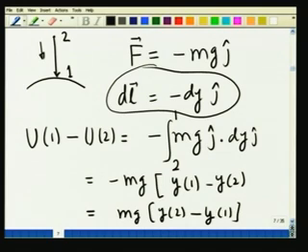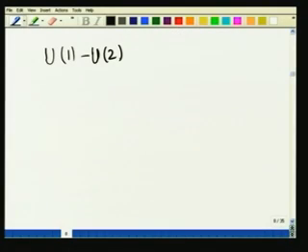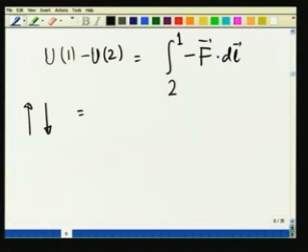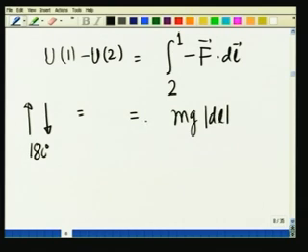The proper way to do it would be to write again u1 minus u2 is equal to integral going from 2 to 1 of minus F dot dl, and this is going to be equal to, now you see dl is this way, I am moving down, minus F is this way, and therefore, minus F dot dl, the angle between them is 180 degrees, the magnitude of minus F is mg, magnitude of dl is dl, with a minus sign in front.